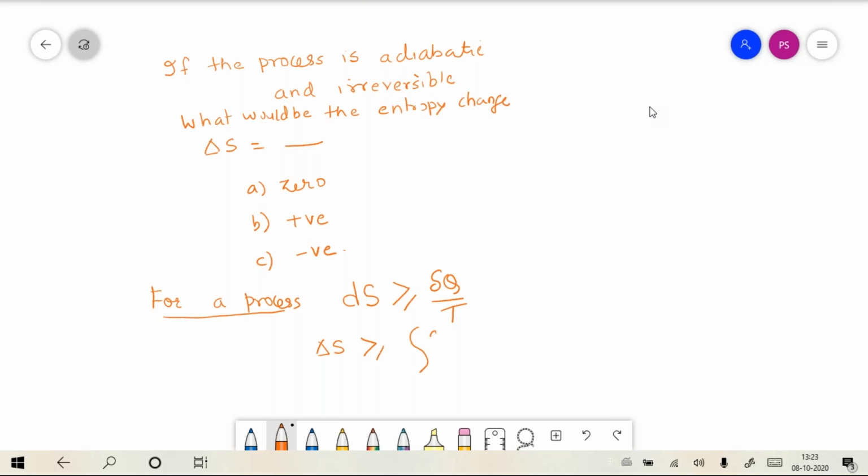That means S2 minus S1 is greater than or equal to that integral.